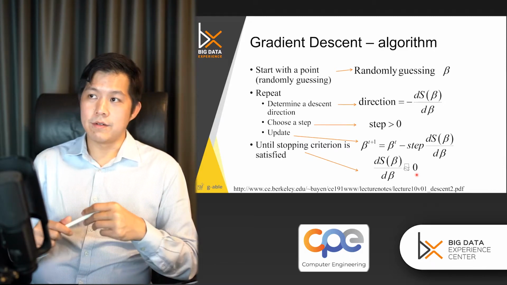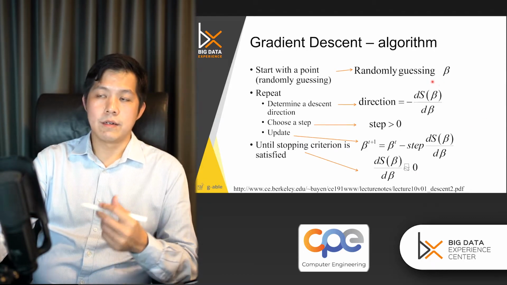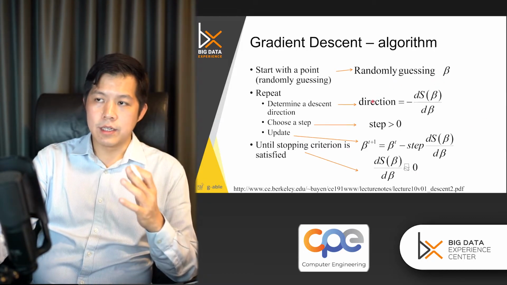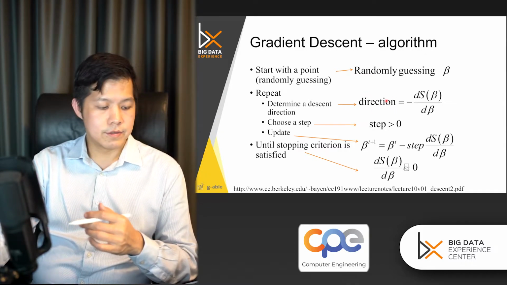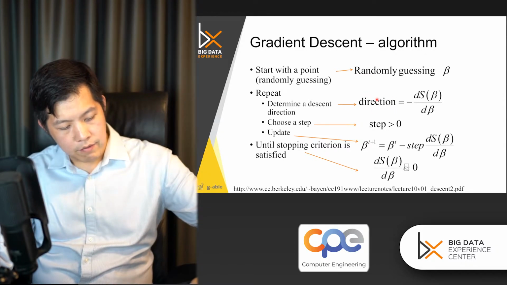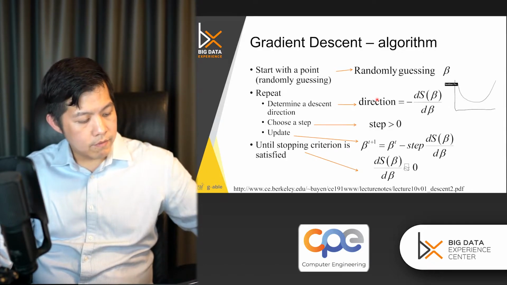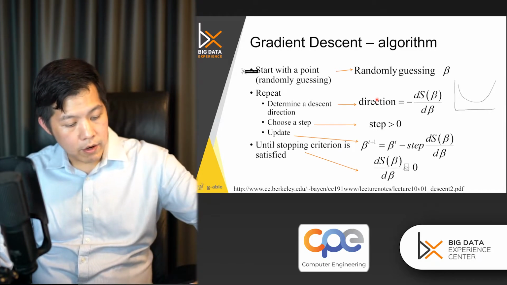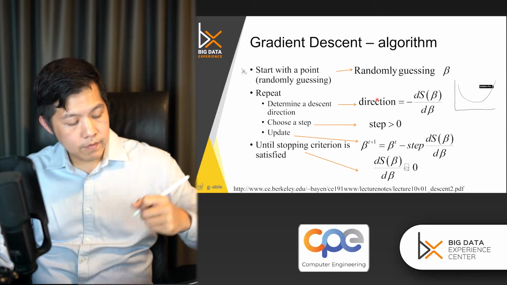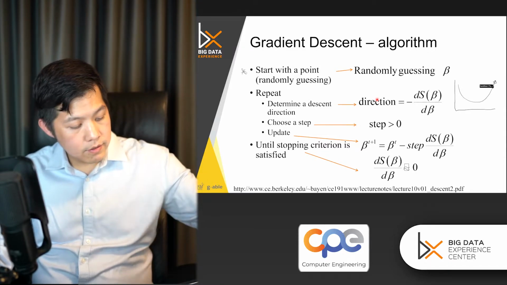Okay. So it works by randomly guessing, and by iteratively determining the direction. Okay, I will draw it again. The function. So start from step 1: you randomly guess the point, and then determine the direction.